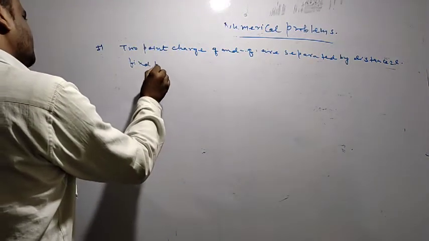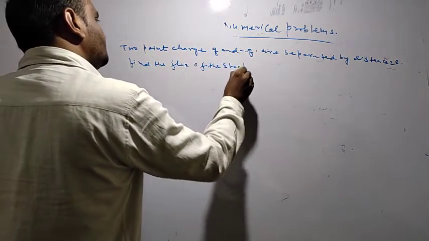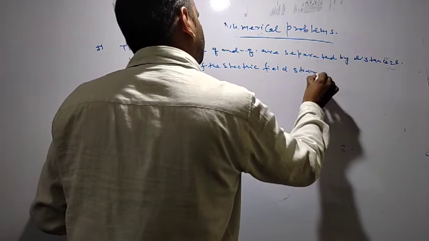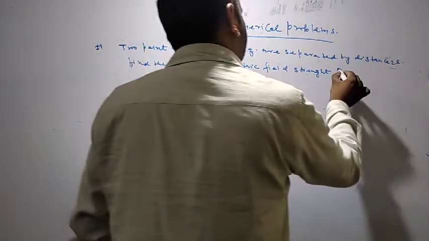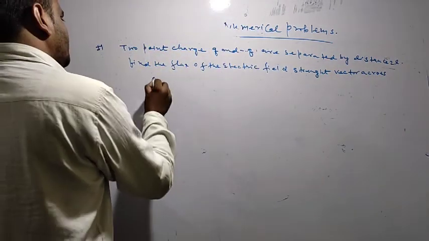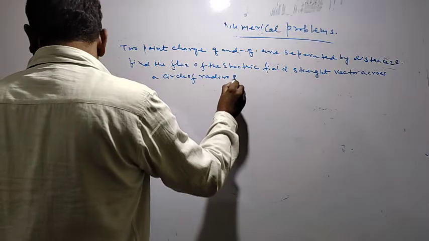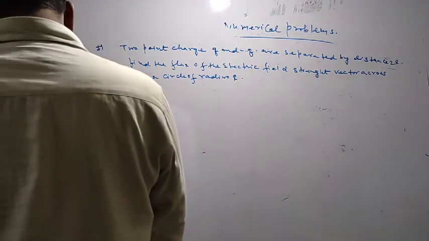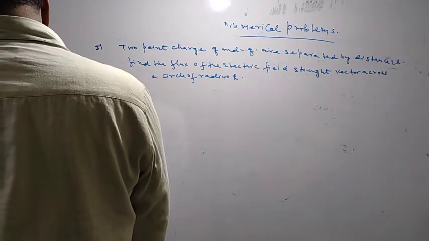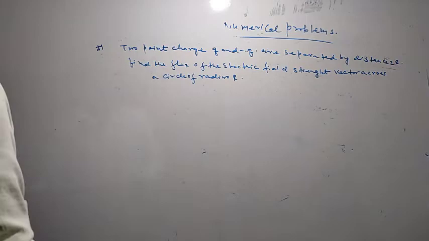Now find the flux of the electric field strength vector across a circle of radius r. So this is the question, okay.